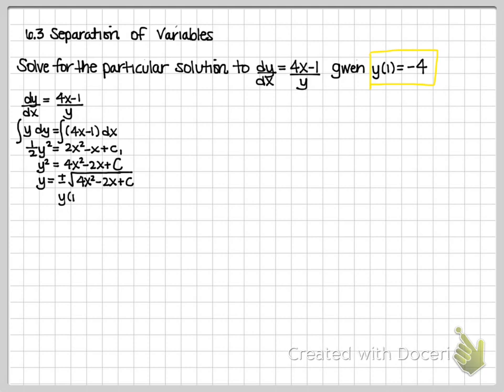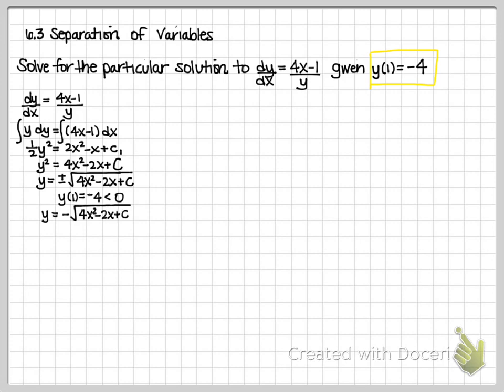So if y(1) is equal to -4, then I want the y to be less than 0, which means if I go back up to my general solution, I don't want the plus or minus part, I just want the minus part of the equation. So you're going to always want to do this as you get to the end where you're going to be plugging in the actual value.